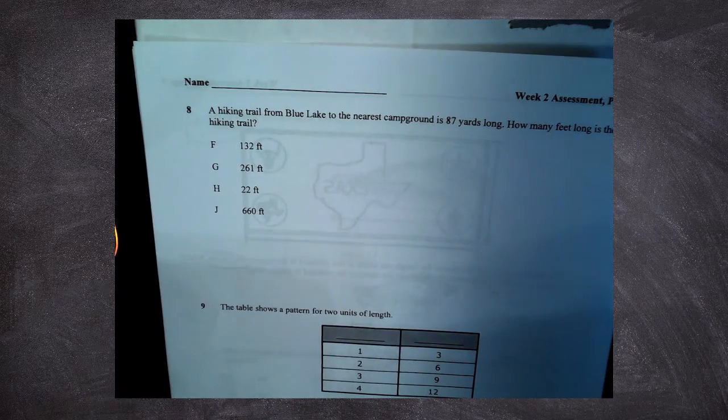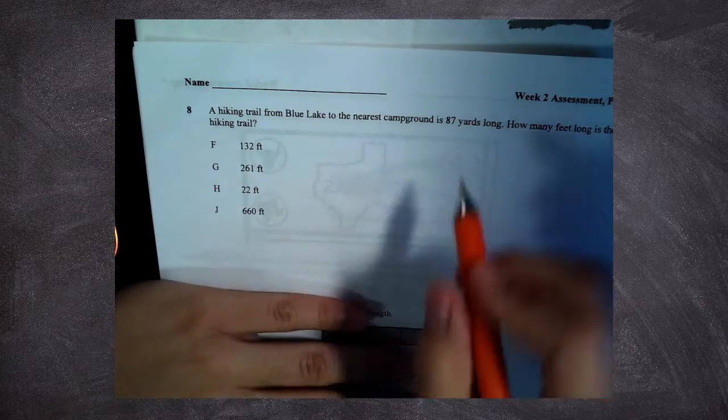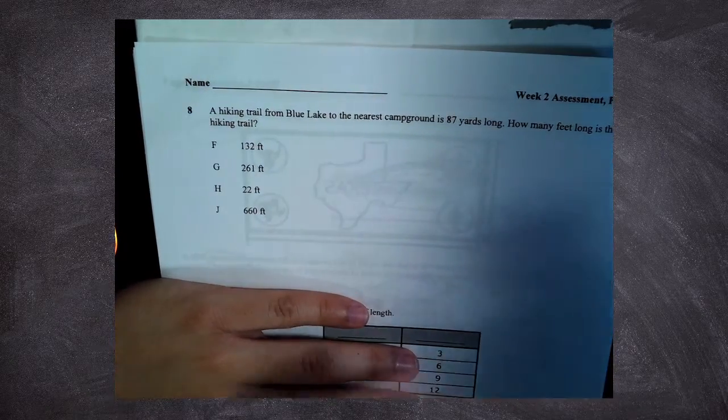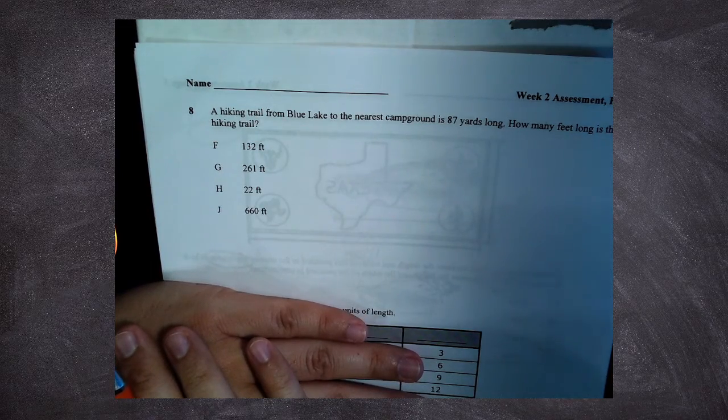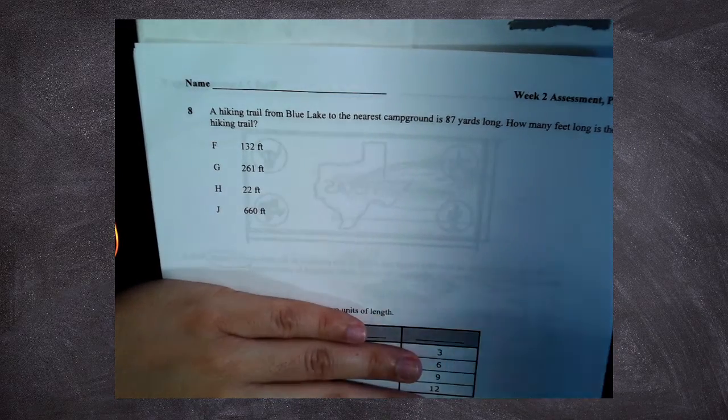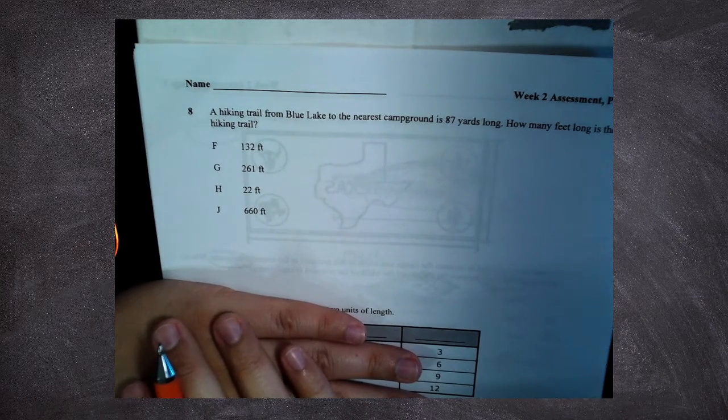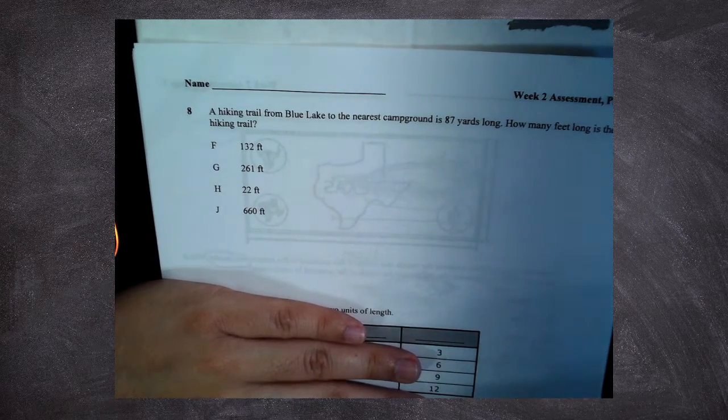A hiking trail from Blue Lake to the nearest campground is 87 yards long. How many feet long is the hiking trail? Problem 8 is almost the exact same thing as problem 7. Almost. There's a few small differences.